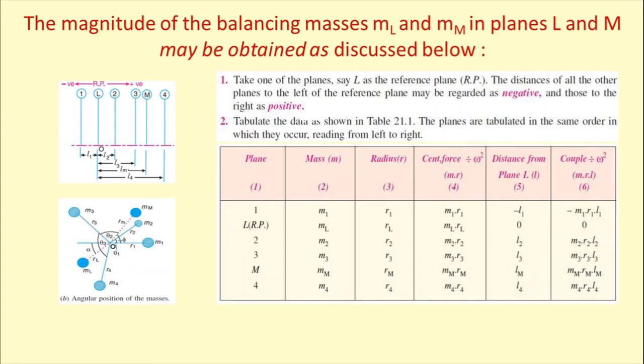The individual length from reference plane, that is also given, that is L1, L2, L3, Lm and Lr, etc. Remember one thing, whatever length we are considering with respect to the reference plane, on the right hand side is considered as positive value, and whatever is on the left hand side has to be considered as negative value. So for the sake of our calculation, the more values we keep on the right hand side, more positive values will appear and fewer negative values we are going to get.